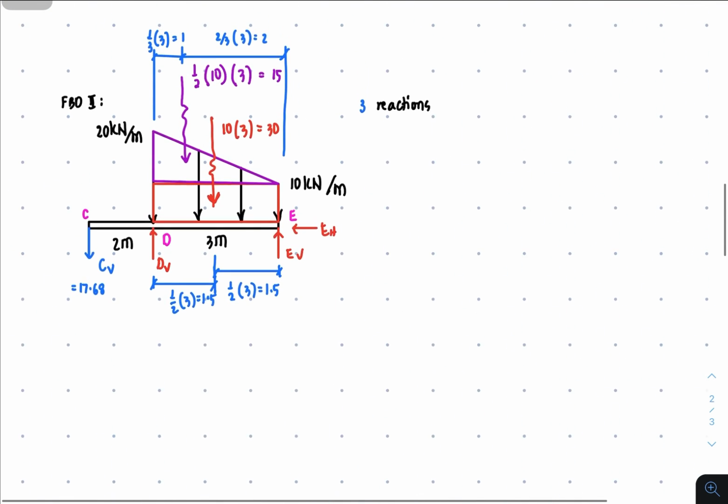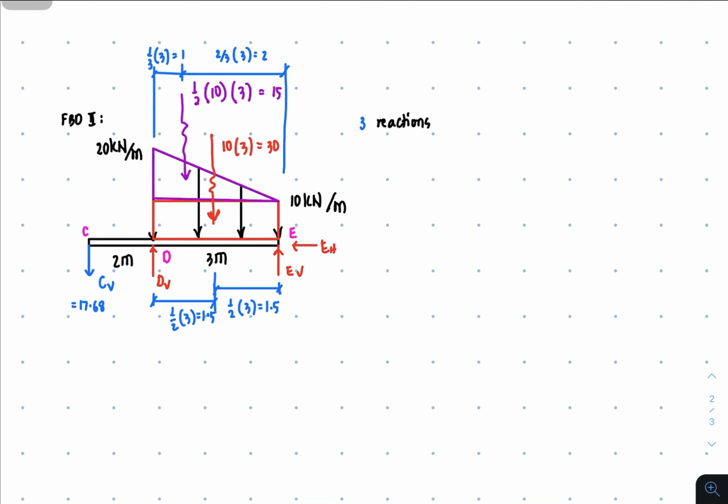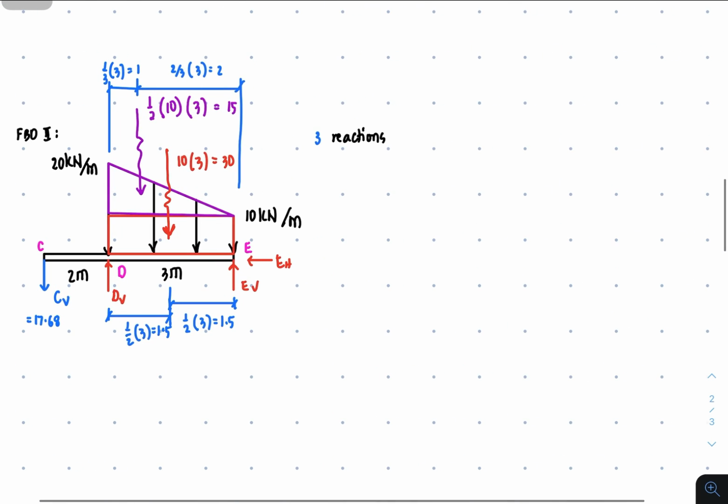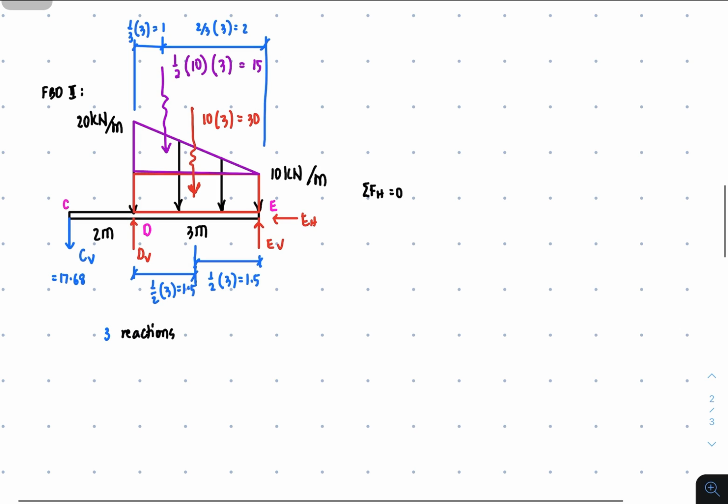So now we have those distances already, so we are now ready to do the summation of force horizontal, and that's equal to 0. Right is positive, left is negative. Here we only have EH, so therefore EH is equal to 0.